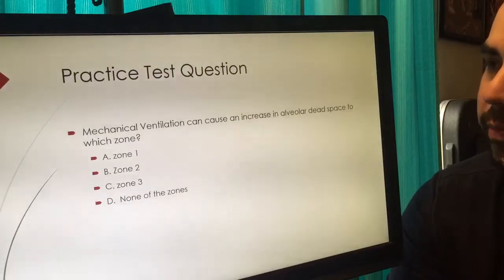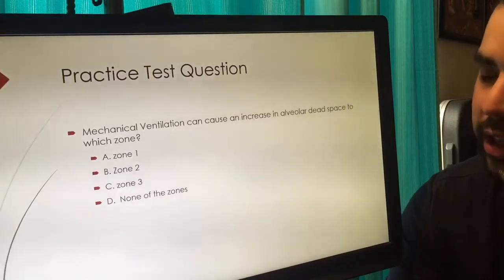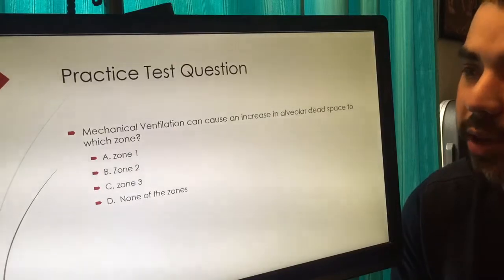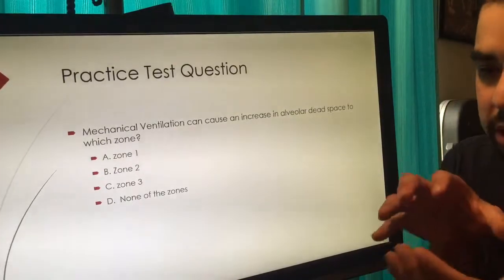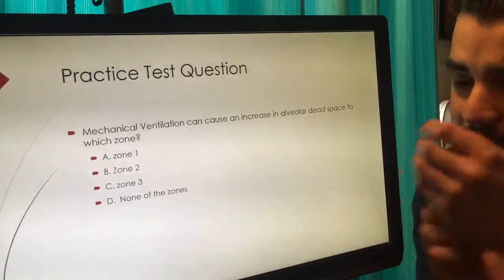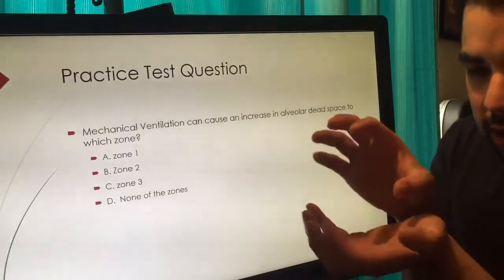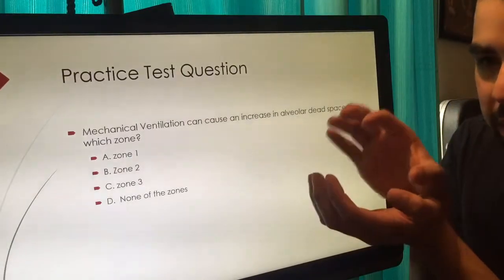What it's actually going to be causing more of is alveolar dead space in zone 1, because like we mentioned, there are higher resting volumes in that zone, and it's already big enough.